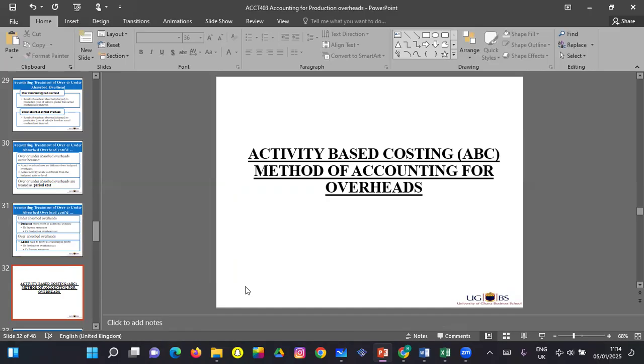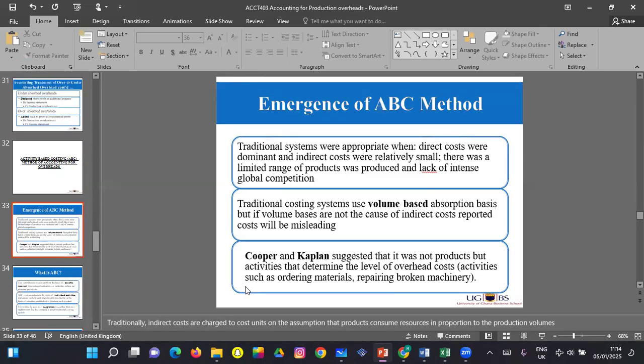Now we move on to activity-based costing, which includes everything in the organization, right? So emergence, let's just look at some briefly. Traditional systems were appropriate when direct costs were dominant and indirect costs were relatively small.